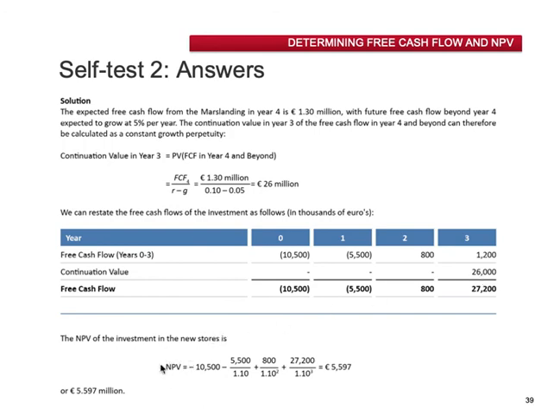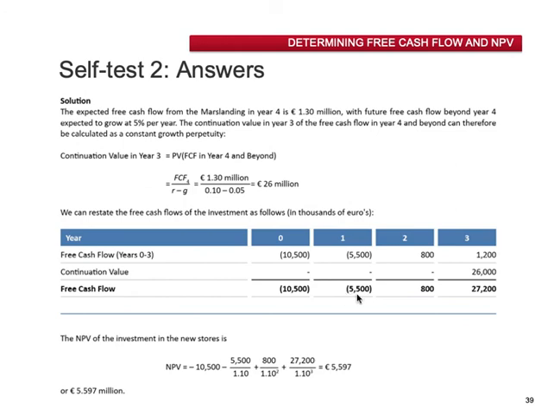In order to calculate the NPV, we need the cash flows in year 0, 1, 2, and 3. In year 0, we have a negative cash flow of 10.5 million, which most likely is due to a very heavy investment. In year 1, we have an expected cash flow of 5.5 million negative.